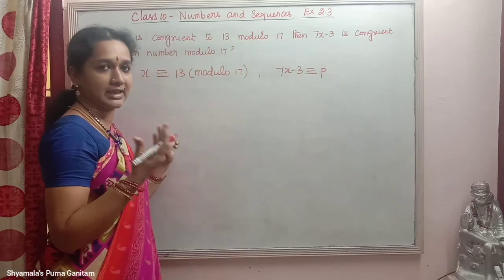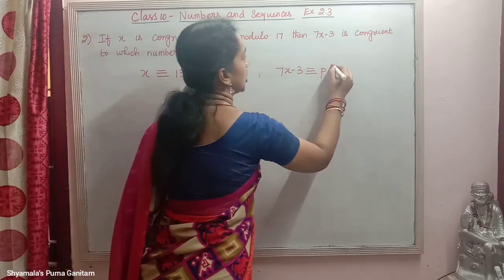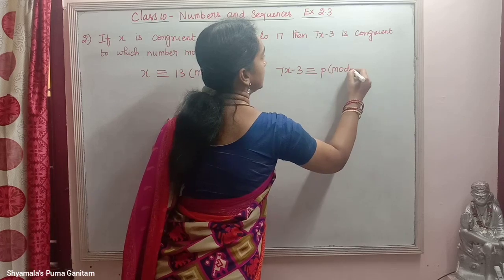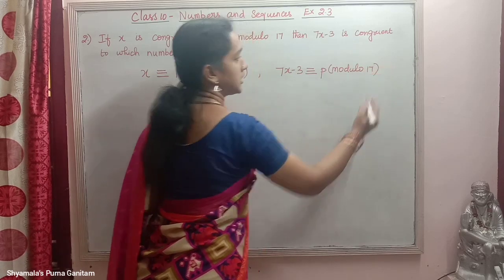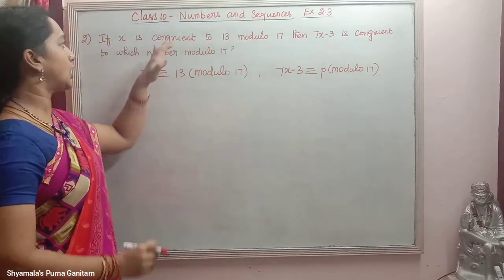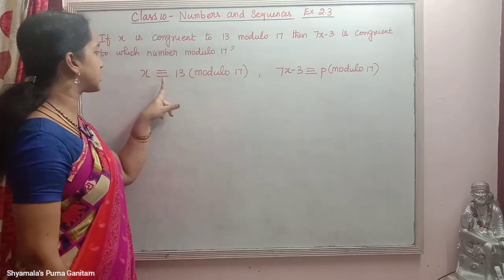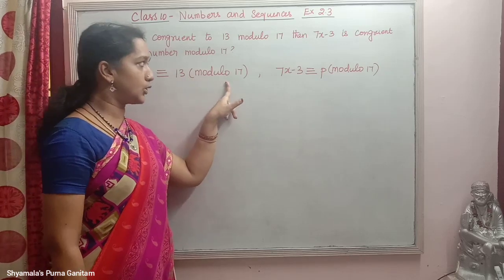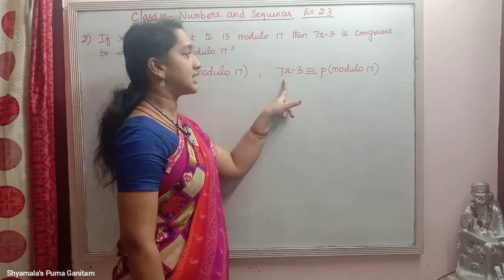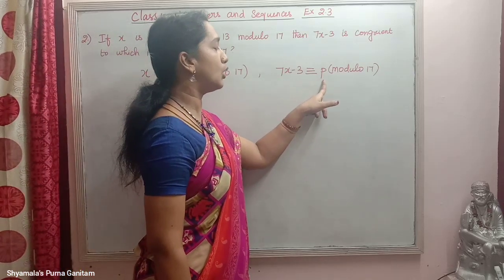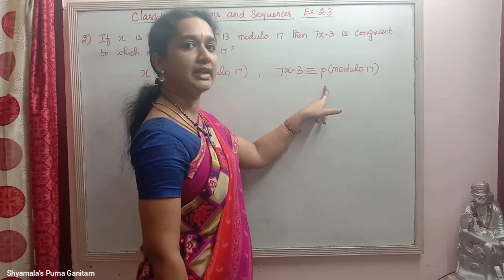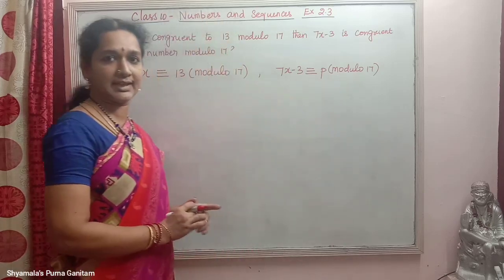We don't know that number, so we will take it as p. So we rewrite the statement: x congruent to 13 modulo 17, then 7x minus 3 congruent to p modulo 70.